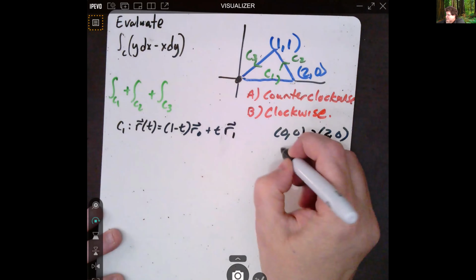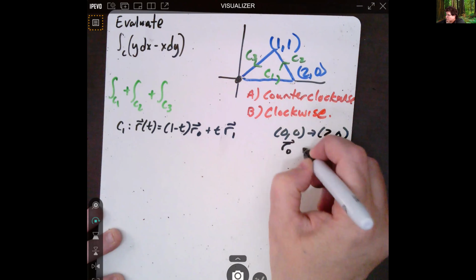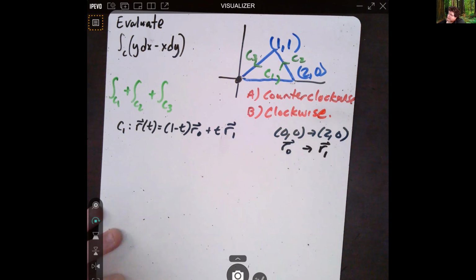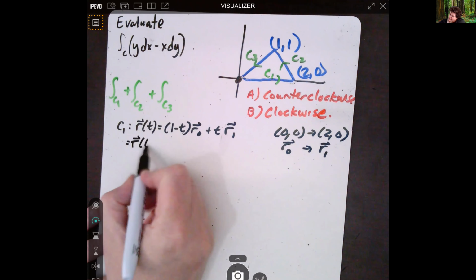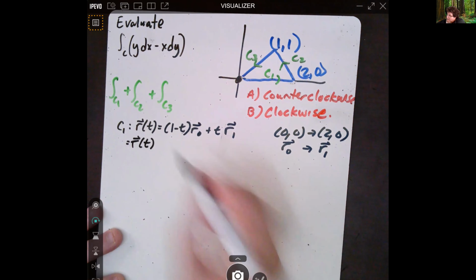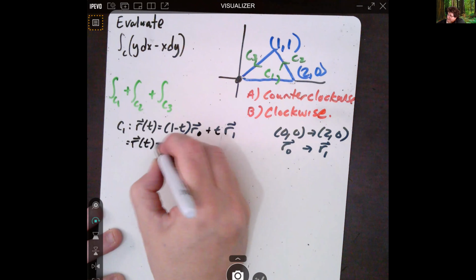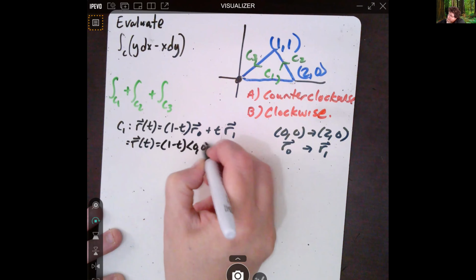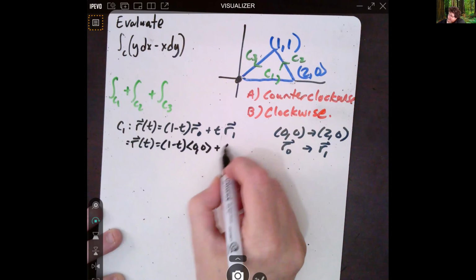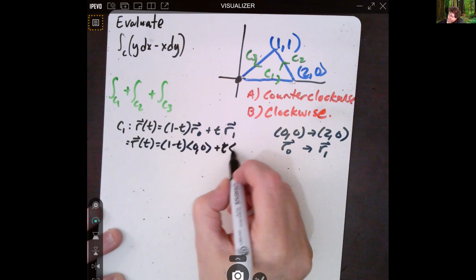So I can treat this as R0 and this is R1. And R of t is 1 minus t times the 0 vector plus t times 2, 0.